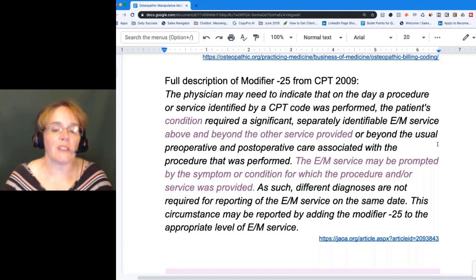So the E&M service may be prompted by a symptom or condition for which the procedure or service was provided. This is part of the definition for modifier 25 out of CPT 2009.